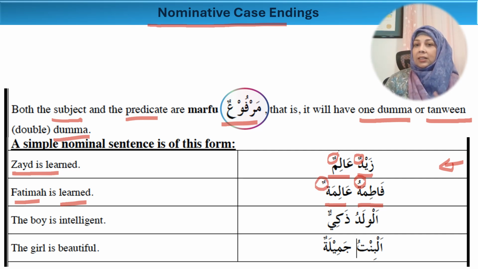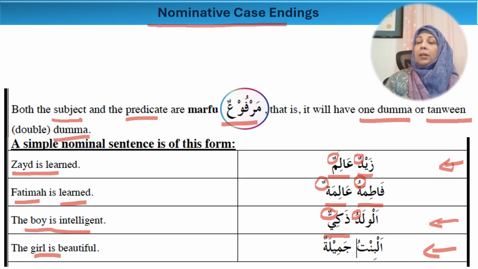with this tanween Dhamma. In the next example, al-waladu zakiyun, which means the boy is intelligent. Here al-waladu is the mubtada and it ends with a single Dhamma. Zakiyun is the khabar and it ends with a double Dhamma, the tanween Dhamma. And in this last sentence, al-bintu jamilatun, which means the girl is beautiful.